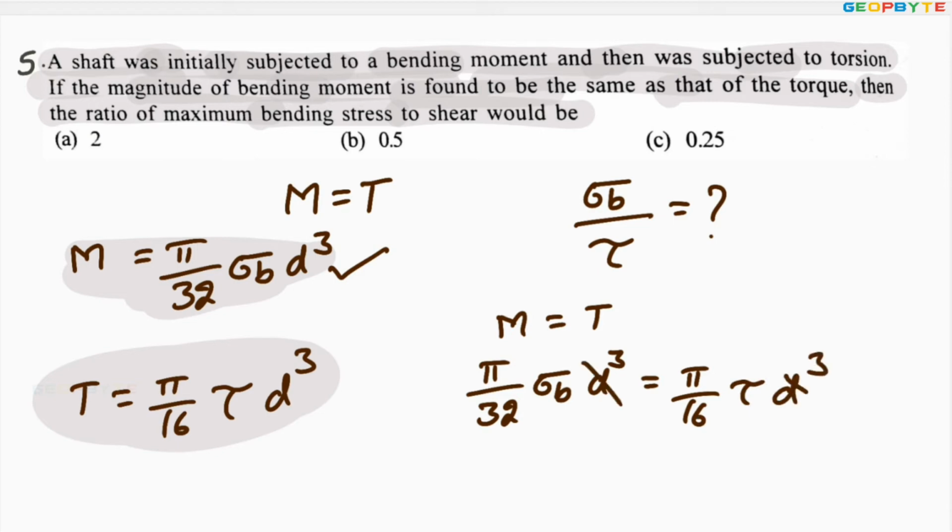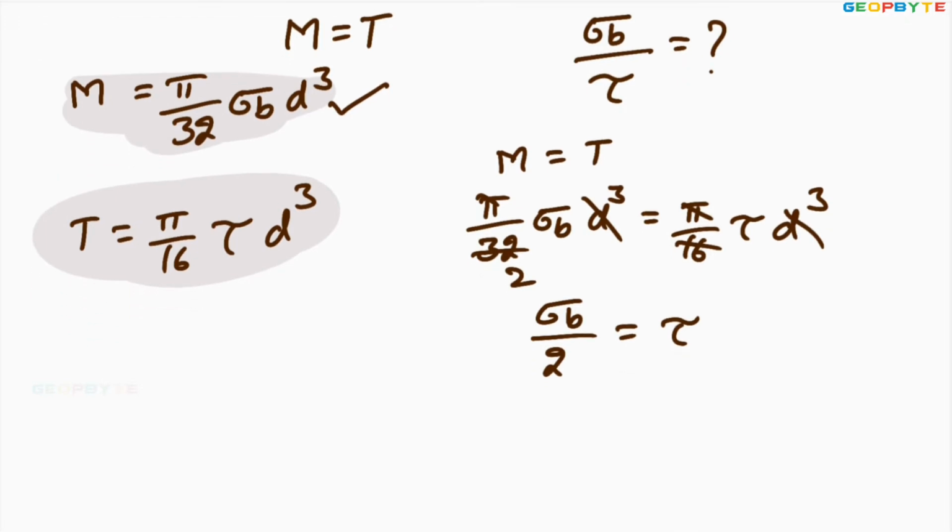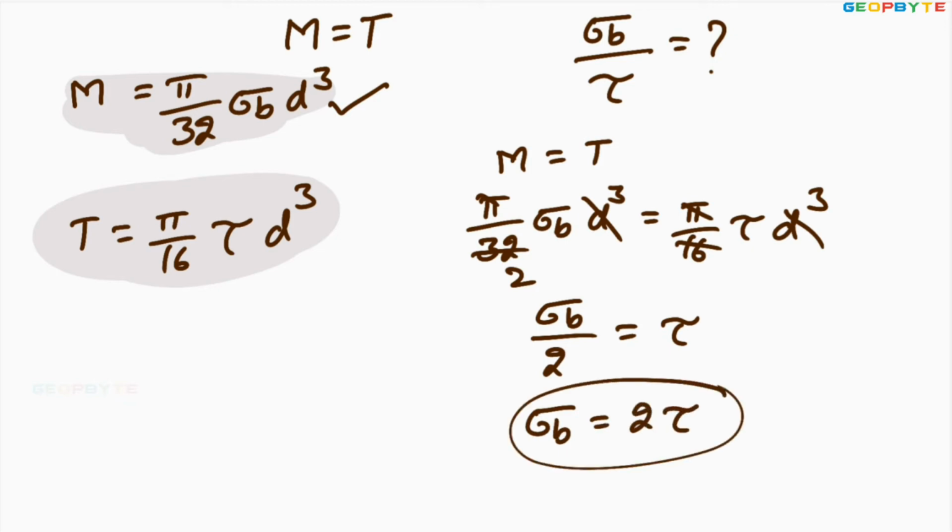This d cube cancelled, pi cancelled, 16 two times. That means sigma b by 2 equal to shear stress, or bending stress equal to twice the shear stress. That is the relation between the bending stress and shear stress.